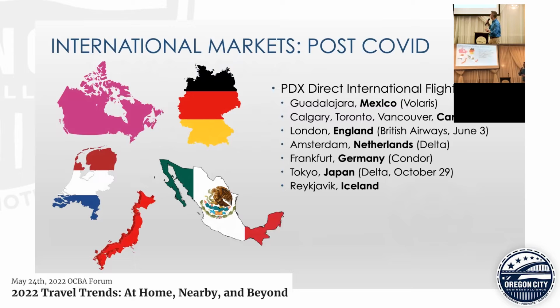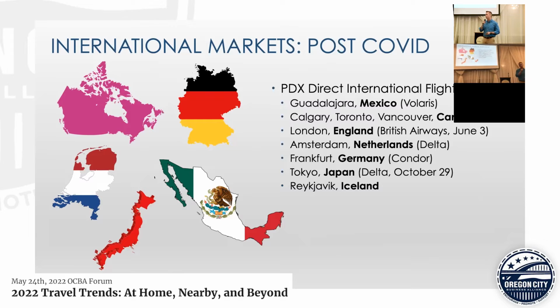So this is a good kind of barometer as far as in whatever market you're in, whatever city you're in, this is a good place to start if you're looking at what international markets do I want to get into. Look at your closest international airport, and find out what are the direct flights coming into my area. Main reason being is because then you automatically become a primary location instead of a secondary or tertiary destination.